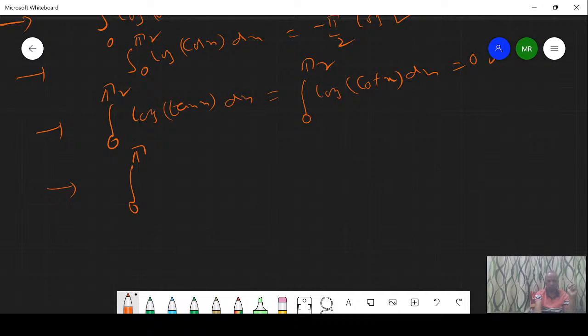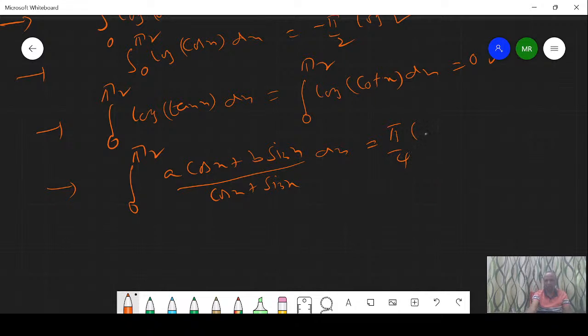These are most frequently asked in the KCET exam, CET exam or JEE Main. The integral from 0 to pi by 2 of a cos x plus b sin x by cos x plus sin x dx, the answer you can directly write as pi by 4 into a plus b.